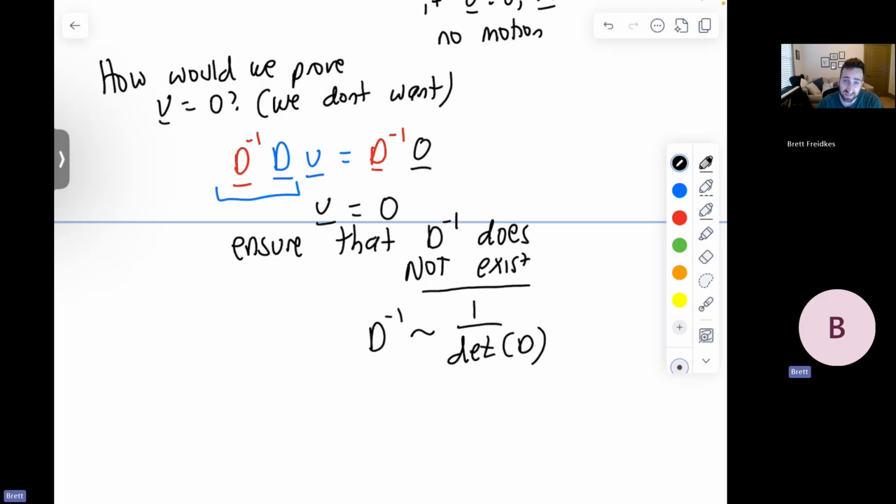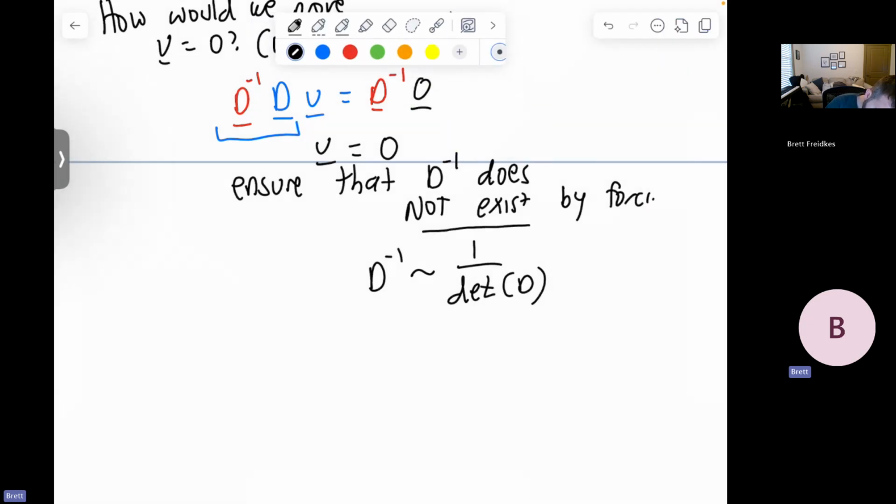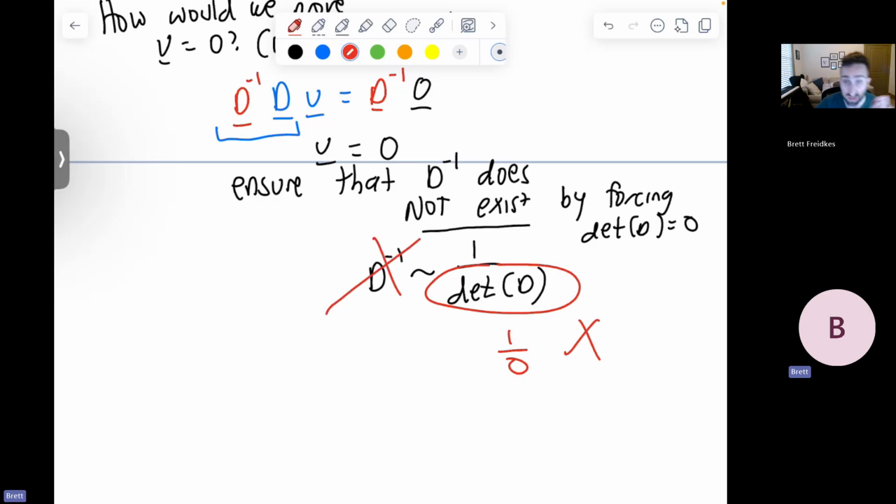When would the inverse not exist? When that determinant is equal to 0. By forcing the determinant of D equal to 0, because if this is 0, you have 1 over 0, that's undefined. That does not exist, which means we cannot multiply it to get u alone.